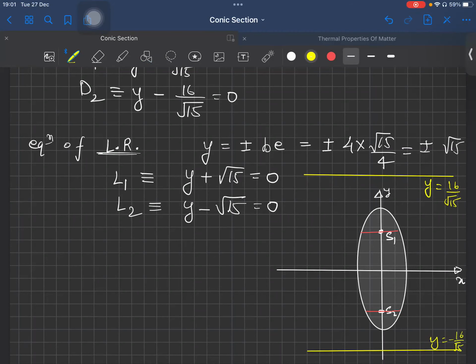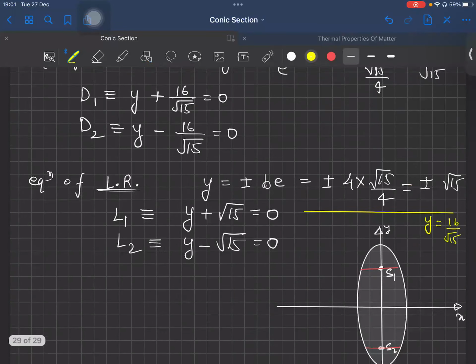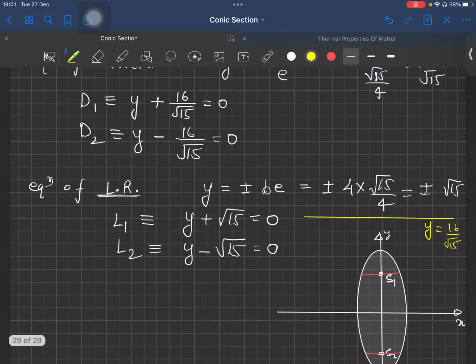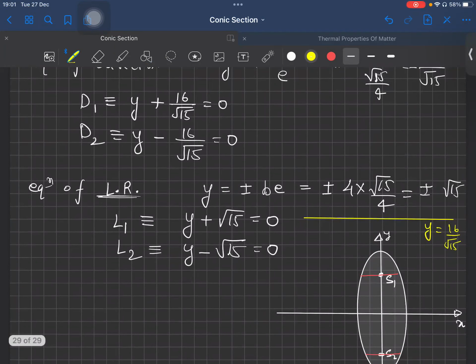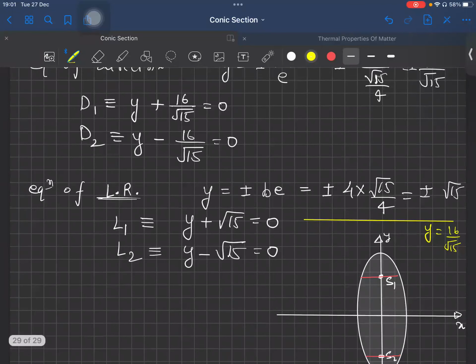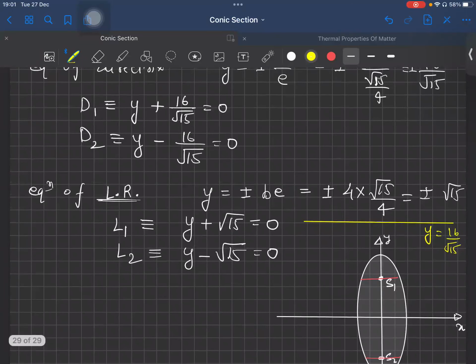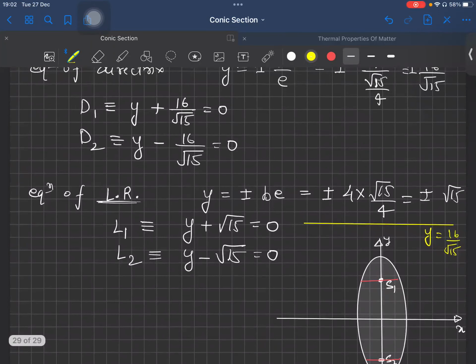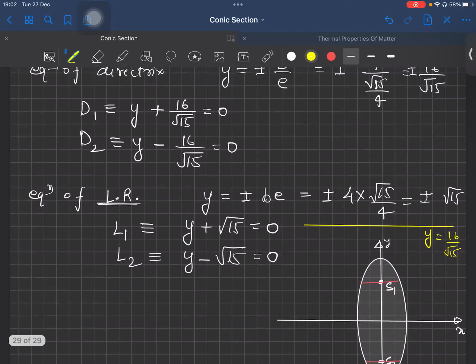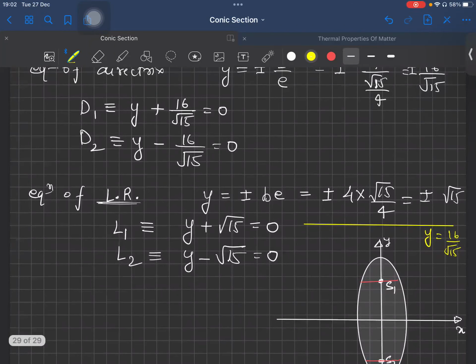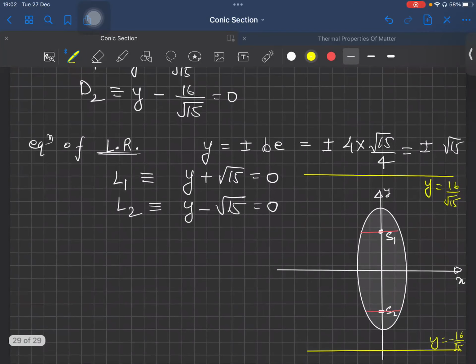Okay, so L1: the equation of this line is y is equal to root 15, and the equation of this line is y is equal to minus root 15. Understood?